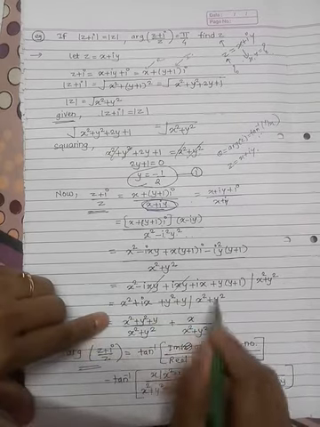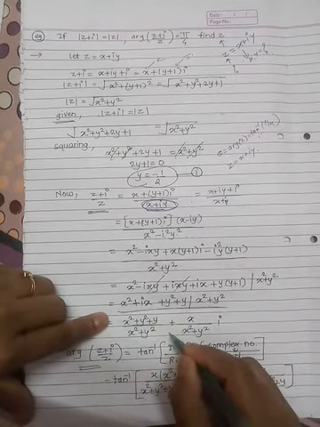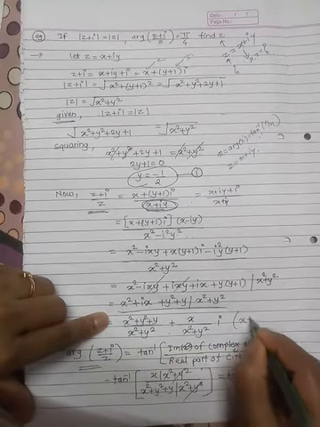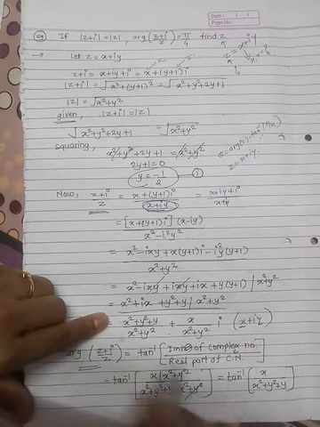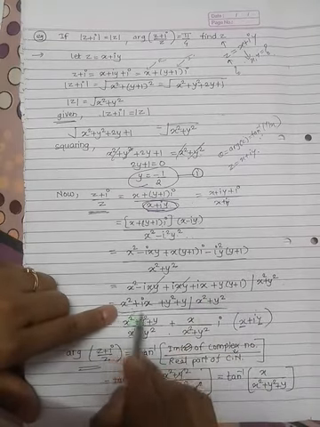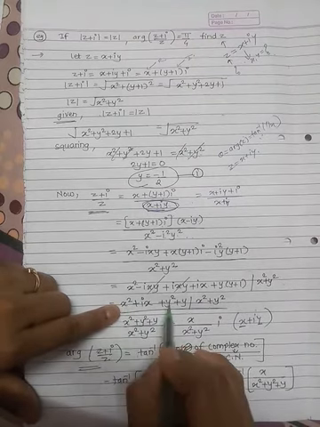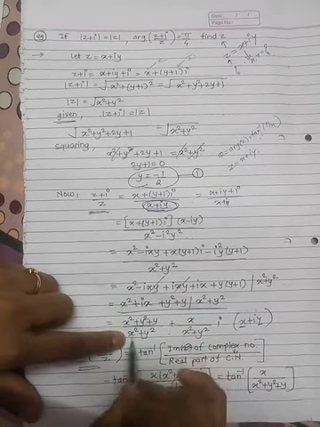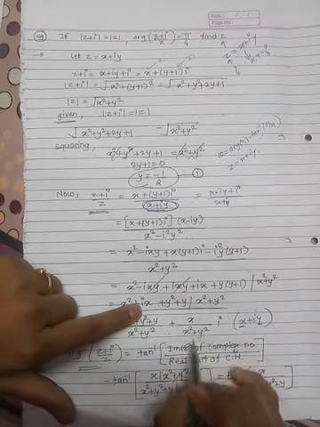So now this is your complex number, and we write it in x plus iy form, real part plus i into imaginary part form. For that, separate out this x square plus y square. So the real part is (x square plus y) upon x square plus y square, plus ix upon x square plus y square.